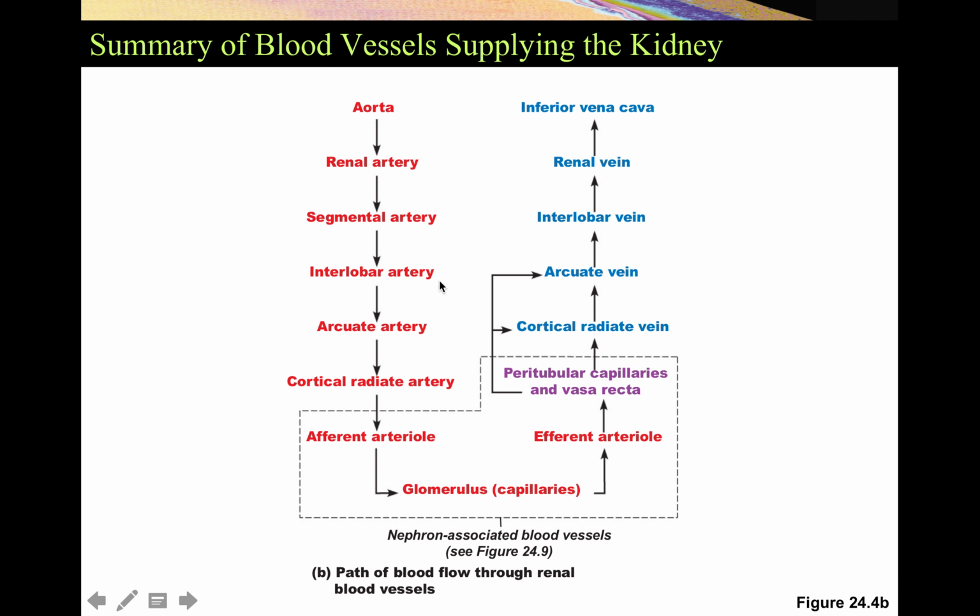I have the interlobar artery, matched with the interlobar vein. The only difference is the veins do not have that immediate branching, which is the segmental artery. So that is absent here, as you can notice. So we go directly from the interlobar vein to the renal vein, which empties into the inferior vena cava and eventually returns back to the right side of the heart.